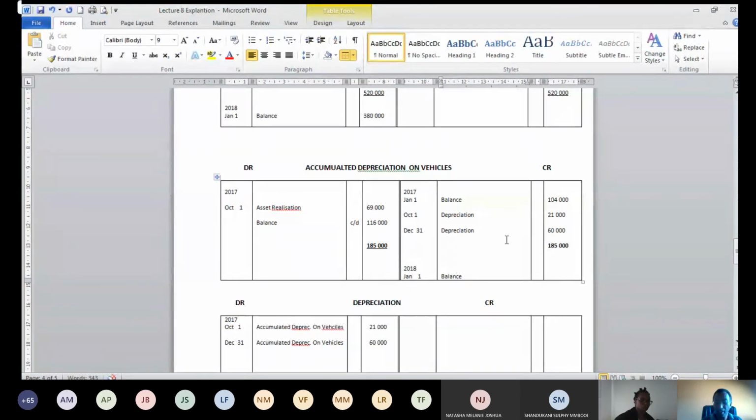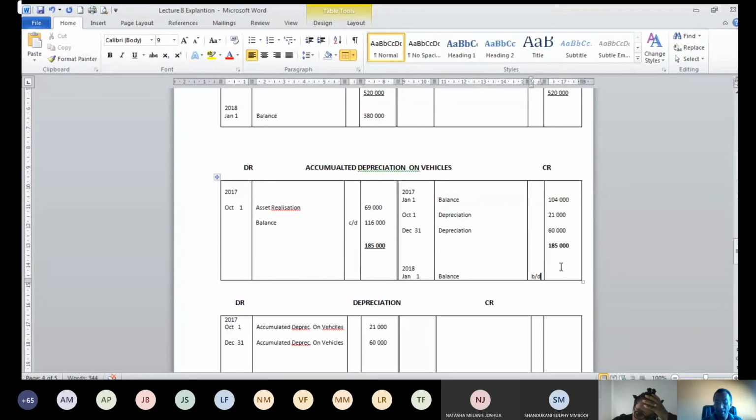Sorry, that's balance brought down. We start the year with a balance brought down, and my amount is 116,000 Rand. We'll start the year, guys, with a new balance there of 116,000 Rand.